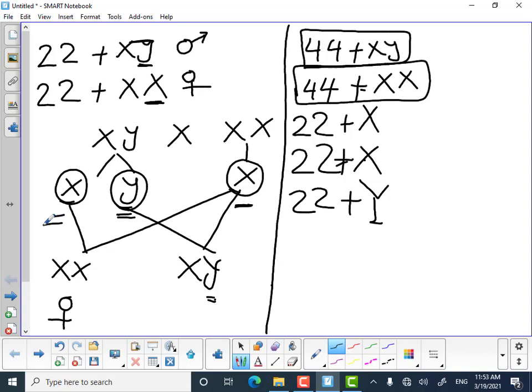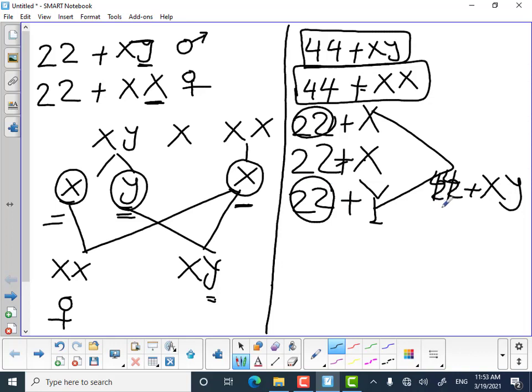And the mating will happen forming a normal man, which has 22 plus 22, equal to 44 plus XY.